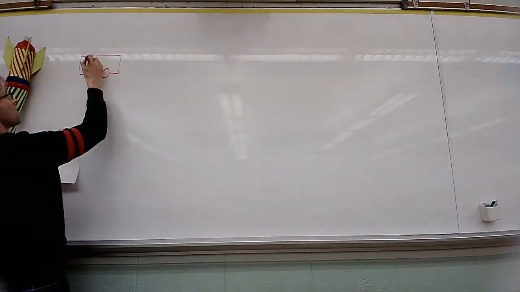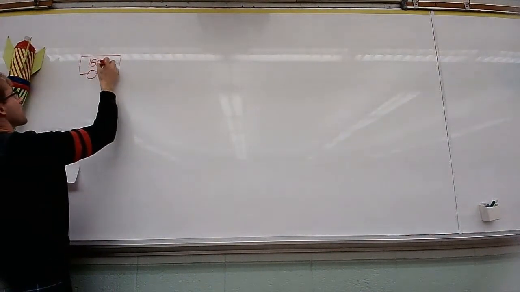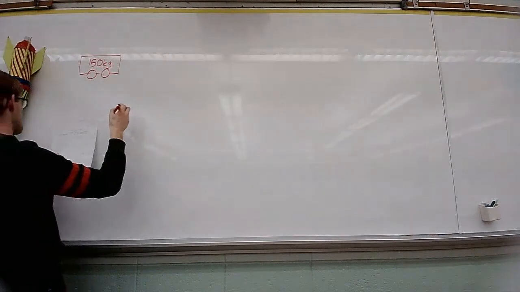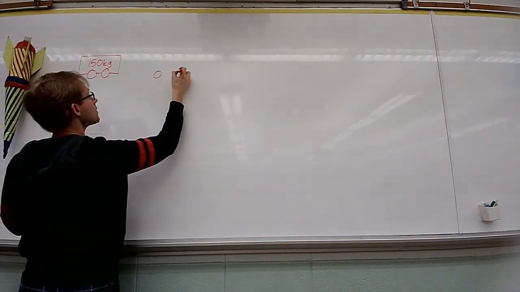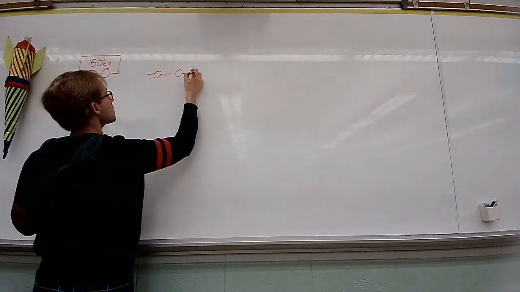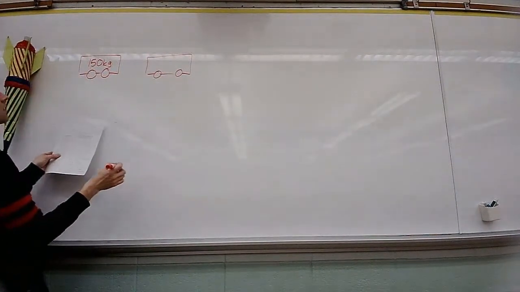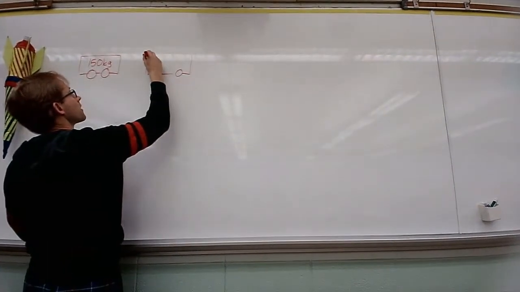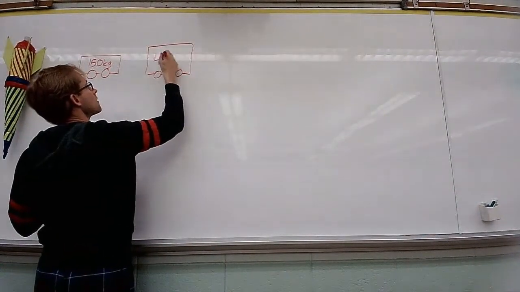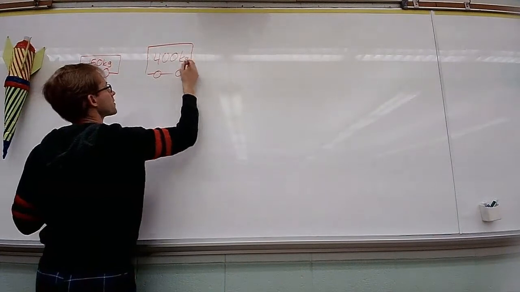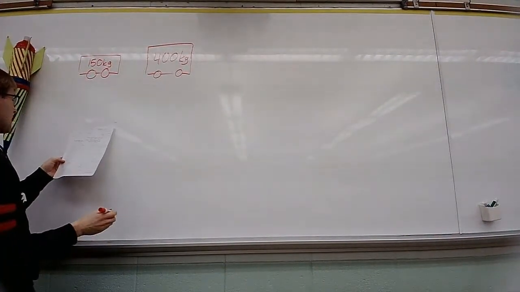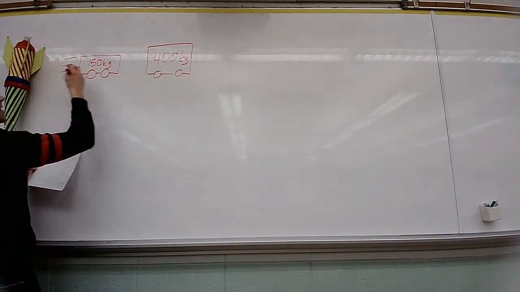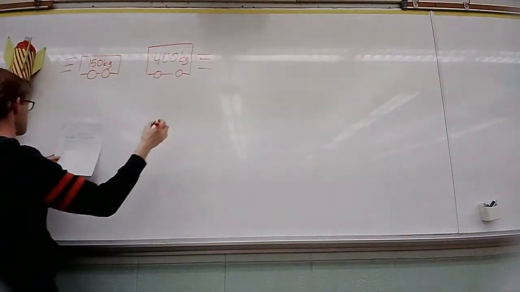So this is a 150 kilogram cart. This cart is slightly larger. Actually, it's quite a bit larger. 400 kilograms right here. And they're going to be coming together like this and colliding.